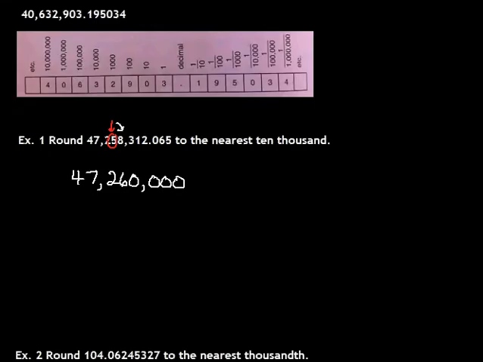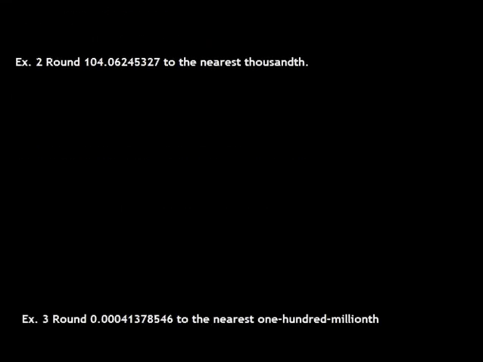Let's try another one. Round to the nearest thousandths. So this is in a different place. This is thousandths. You can see the TH, so we have to find that. Remember, you start at the tenths for this one. So it would be the tenths, the hundredths, the thousandths would be the 2.